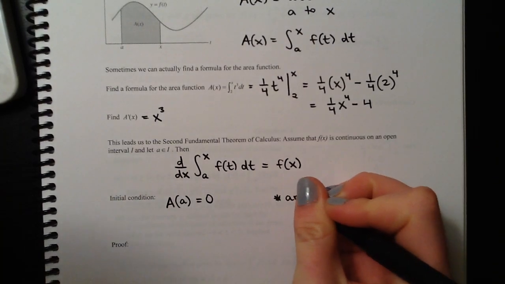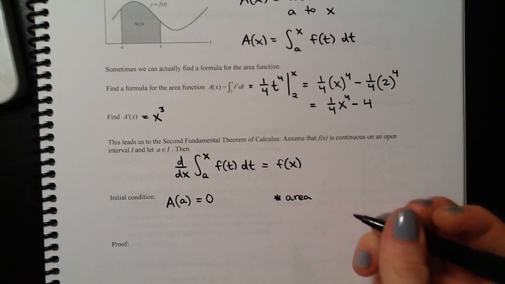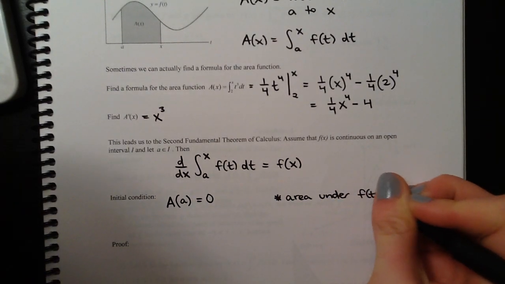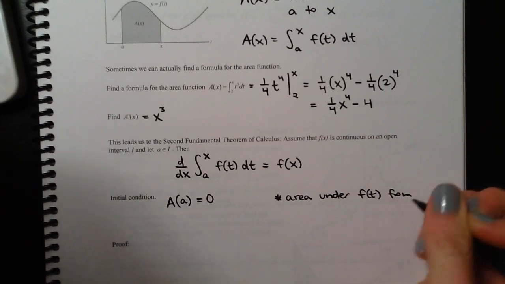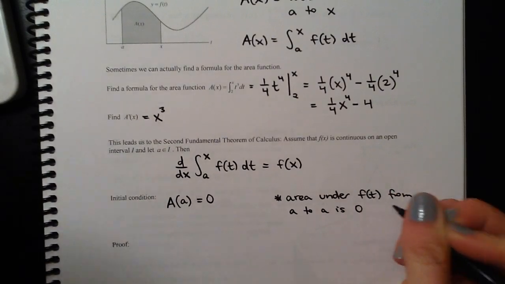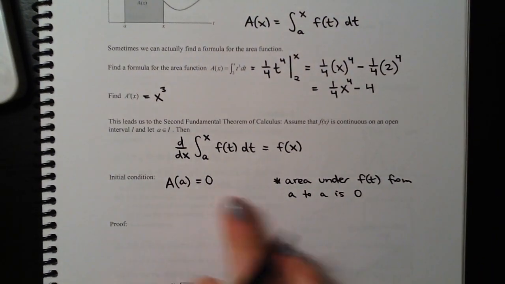So this is just that idea in words. So the area under f of t from A to A is 0. Okay, so again, that's this idea in words.